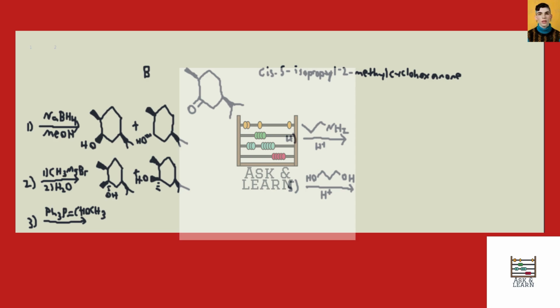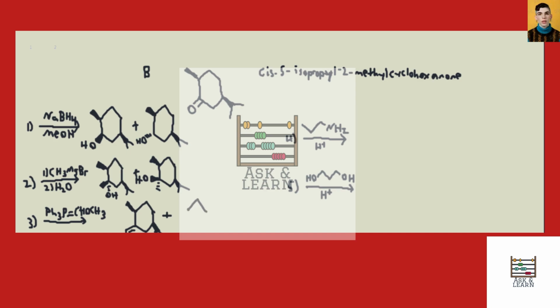For 3, again, this is the Wittig reagent, so we'll do a Wittig reaction. And so we end up with a double bond here. And so we can have the cis version or the trans version.